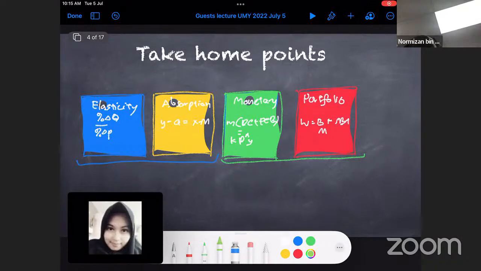And then the last one is portfolio. It's about wealth. There are bonds that households hold, then foreign bonds, and the money they hold. So these are the 4 equations we use to explain this.